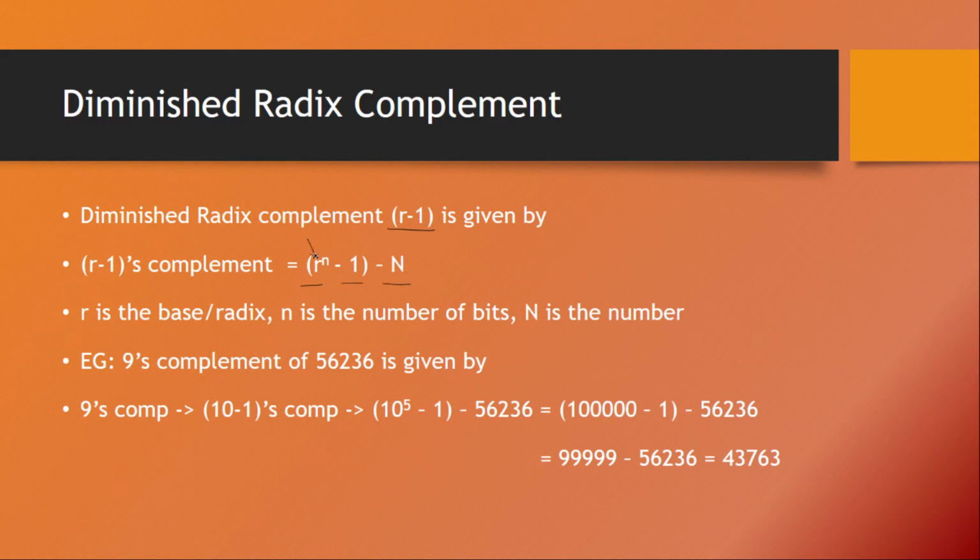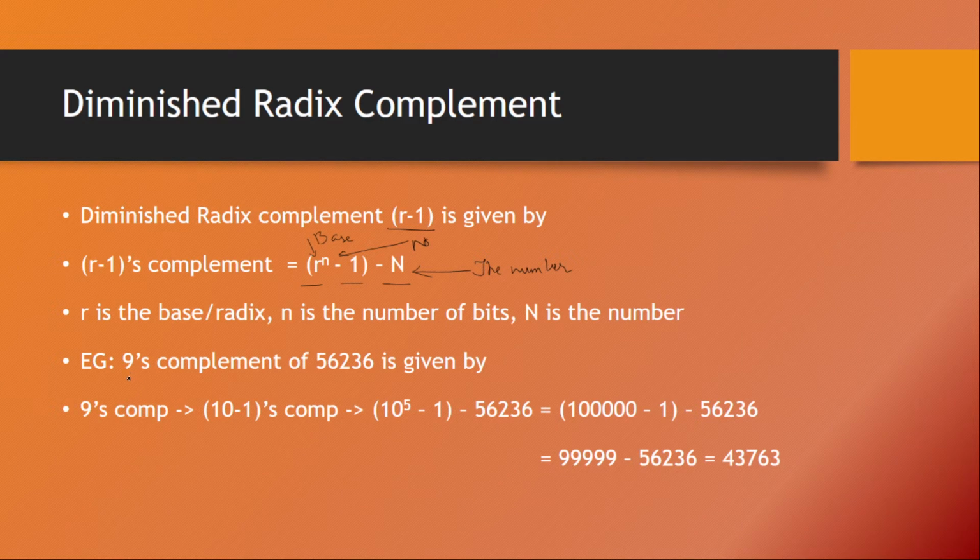One is R, which represents the base of that system, and the second one is small n, which represents the number of bits inside the number for which we are going to find the complement, and this capital N represents the number itself. We will try to solve this with the help of a small example.